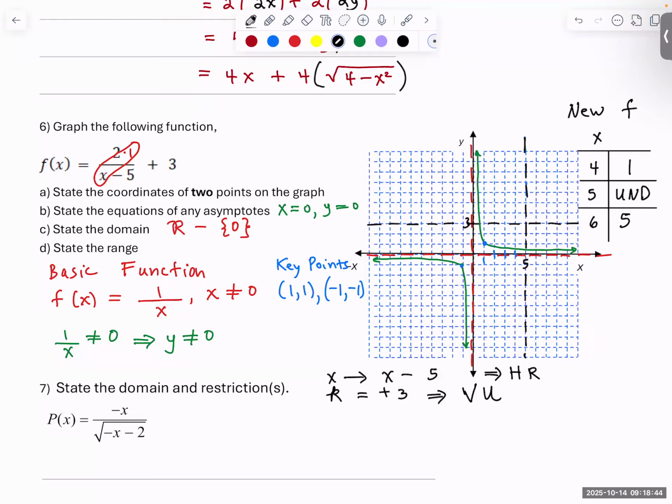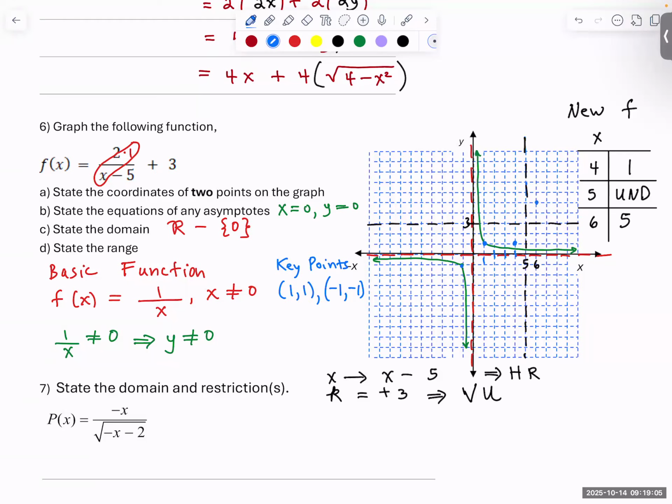So plotting these two new key points at 4, 1 and 6, 5 here.